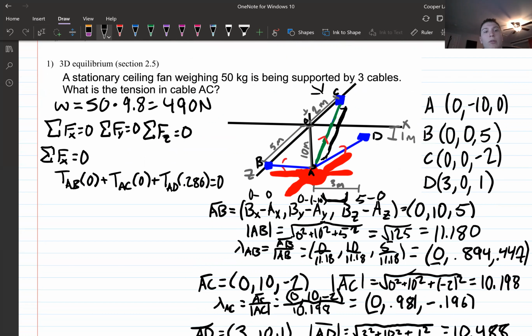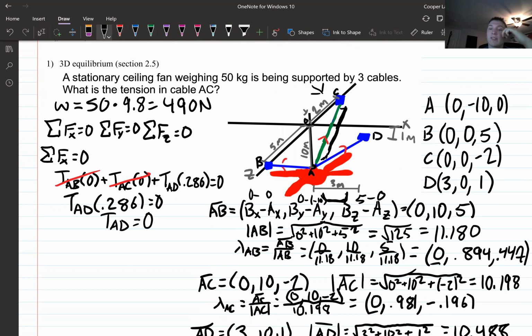So first I'm going to get rid of my 0 values, and I'm left with TAD times 0.286 equals 0. Now if I divide by 0.286, I get TAD equals 0. This tells me that cable D is not supporting any weight. It's just sitting there to connect on as a third point of connection.